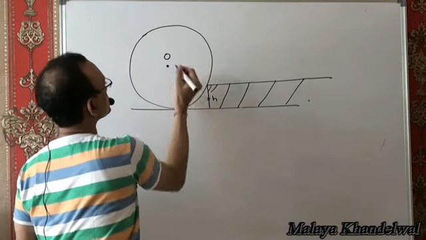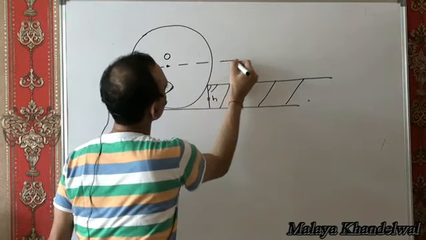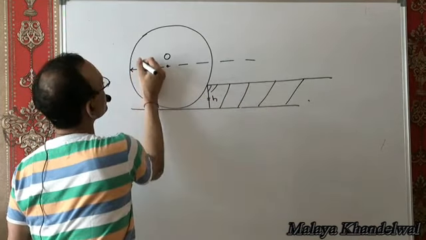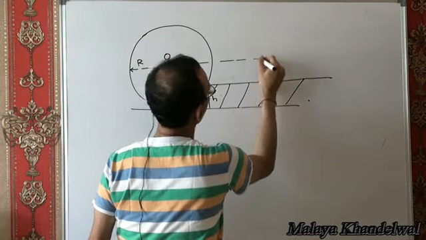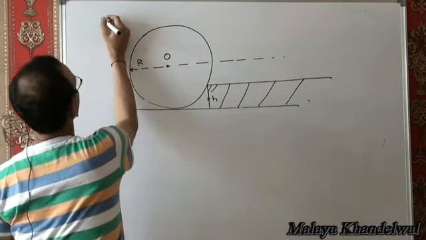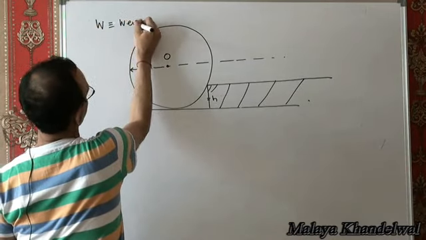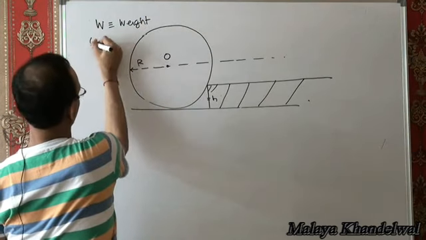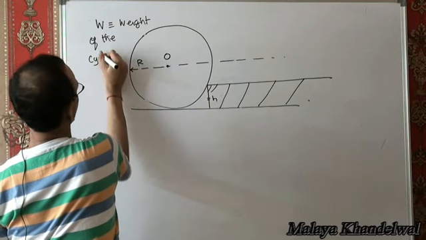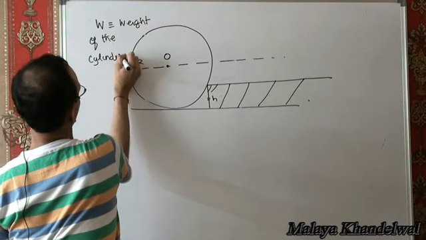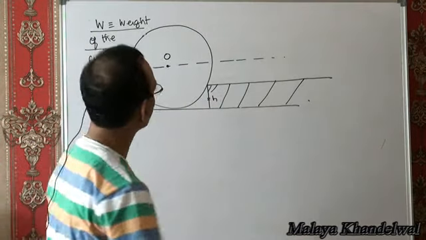O is the center of the cylinder, and R is the radius of the cylinder. Say W is the weight of the cylinder in newtons.